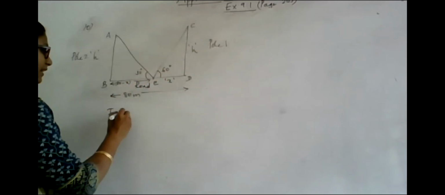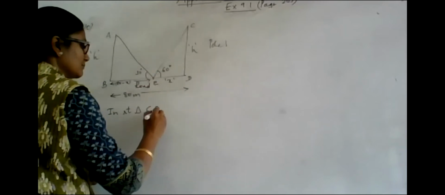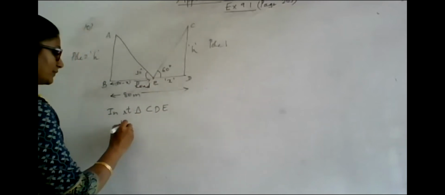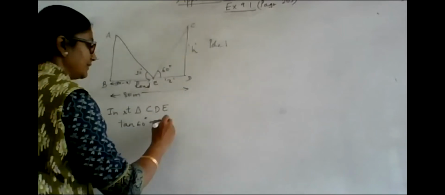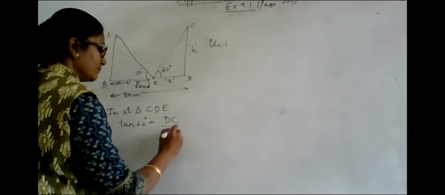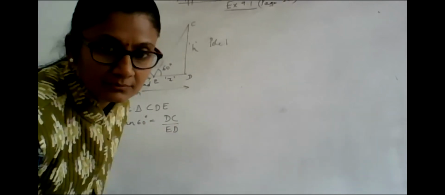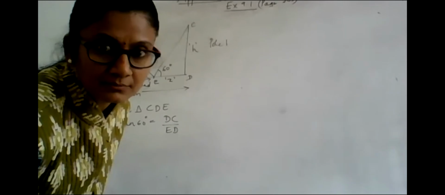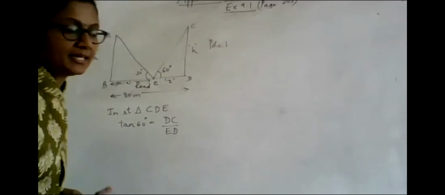So in right triangle CDE, the tan of 60 is equal to opposite, which will be DC by ED. So substitute the values of DC and ED.